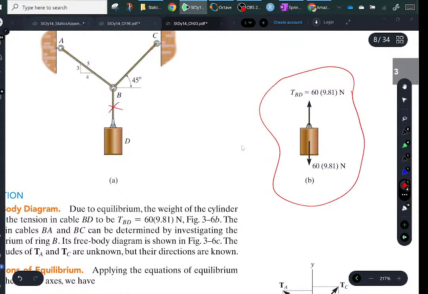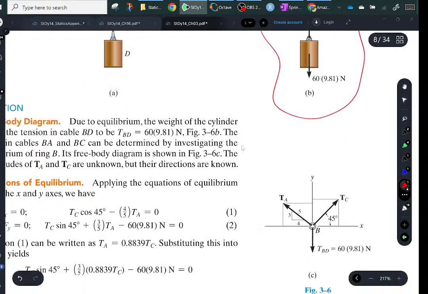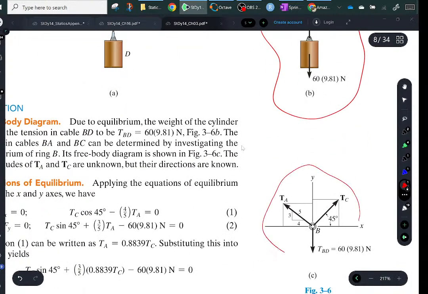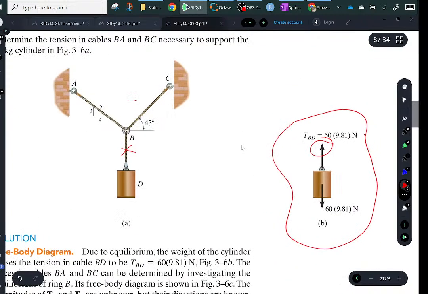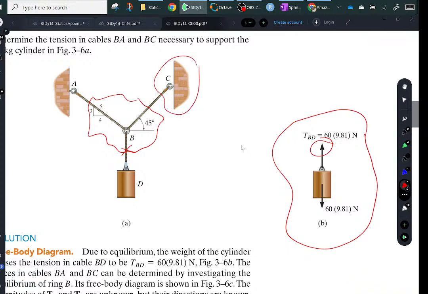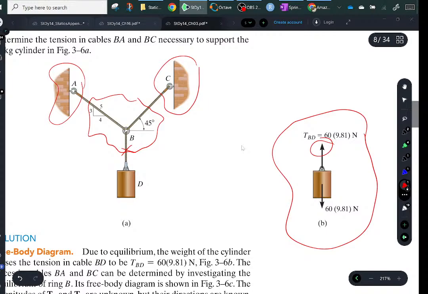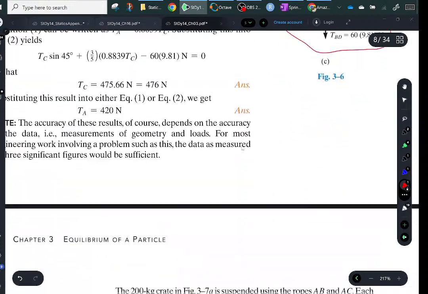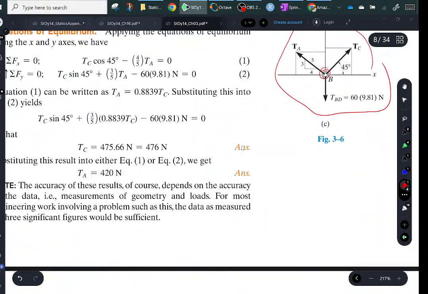He cuts it there, replaces it with his load. Then he takes this little part here, the ring or whatever this is, and he's looking at this area. You could look at that area, but at that point, who cares? You don't really care that much about those areas. And so you'll notice he doesn't really do that.